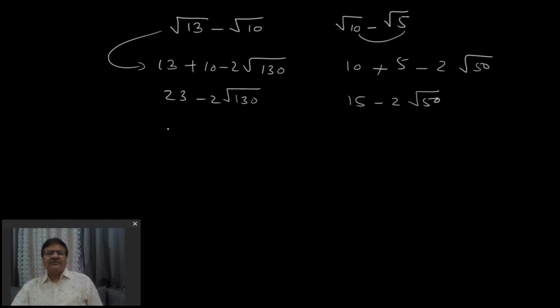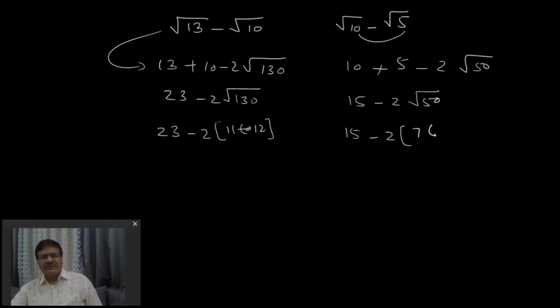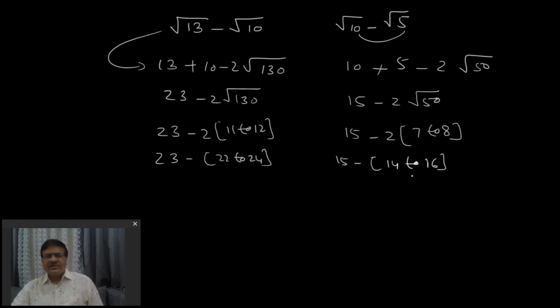Is that clear? Now 23 minus 2 root 130, it's somewhere between 11 and 12, right guys? And 15 minus 2 root 50, it's somewhere between 7 and 8. Is that clear? Now 23 minus 22 to 24, then 15 minus 14 to 16.